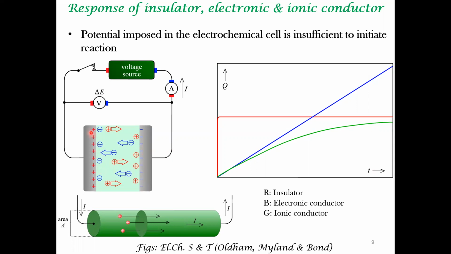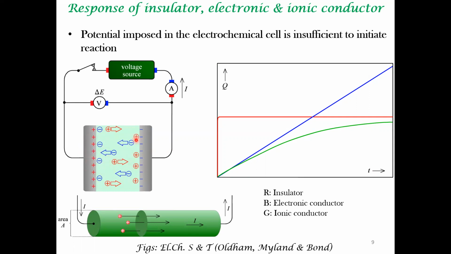So if there are positive charges present in the electrode, the negative charges get attracted to these positive charges. So these negative ions that are present in the electrolyte are the counter ions for these positive charges that are present in the electrode.